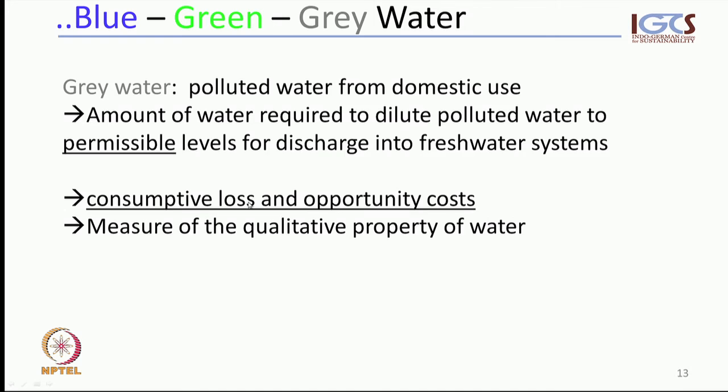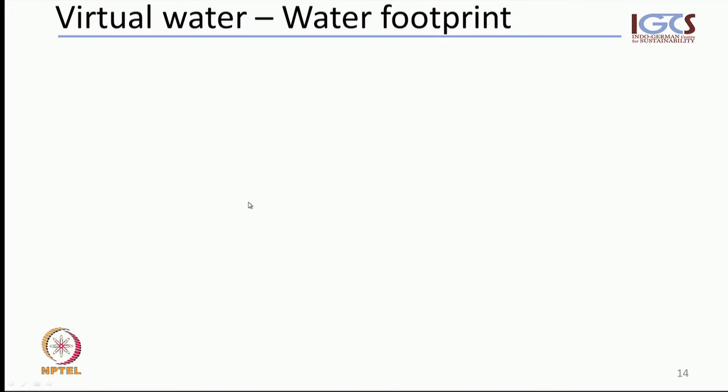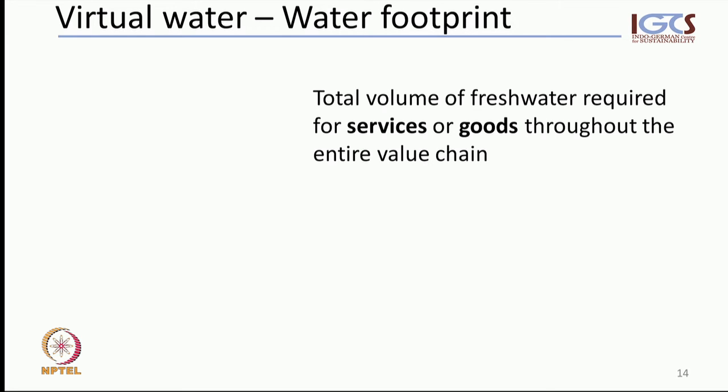They are very important. Now, what you may have heard about also is, and what the question could be an additional water source, is virtual water. And what we mean by virtual water is the entire volume of fresh water that is required for a service or a good throughout the entire value chain.